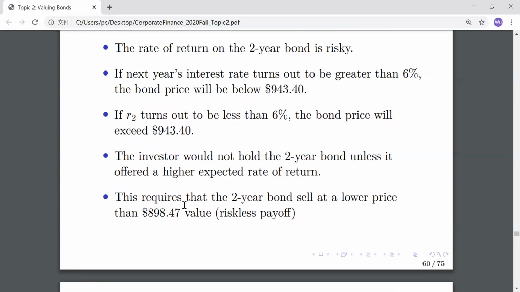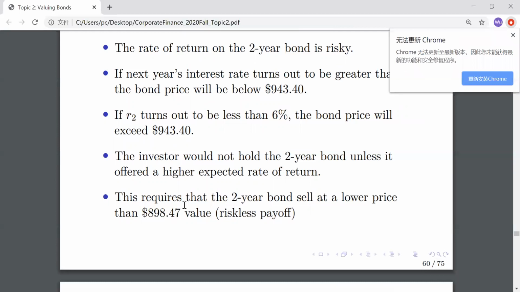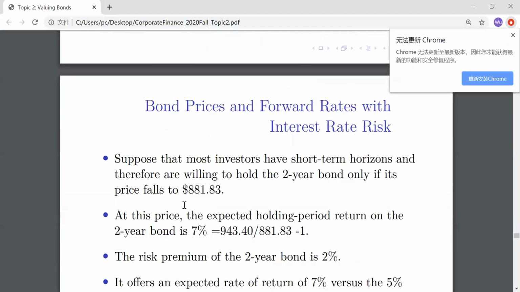But now you have risk about the second period interest rate, because you only have an expected interest rate. It's all expectation, and we don't know the realized interest rate in the second period. Therefore, in order to compensate investors for taking that risk, we need to make sure the bond is cheaper, so that the rate of return can reflect this risk premium, this compensation for taking the risk.